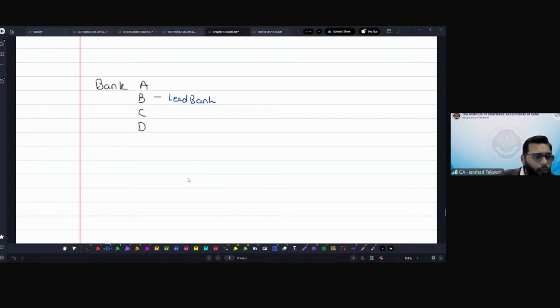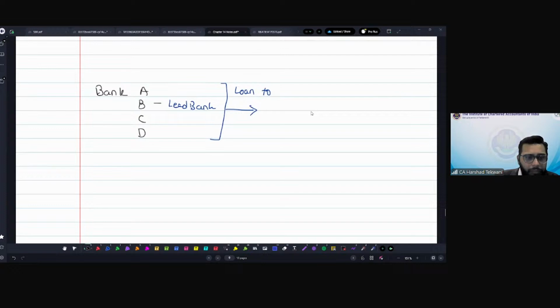who is driving all the things over here. Like all the banks together provided a loan to, let's say, ABC Limited. Now, what happened is ABC Limited defaulted on payment of term loan.